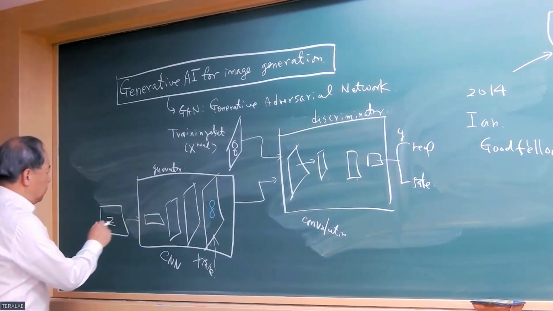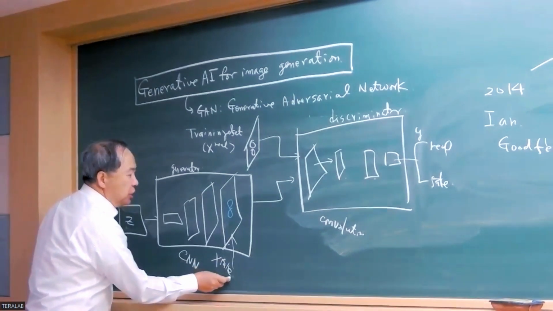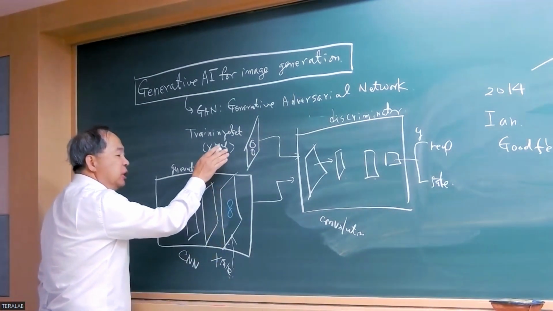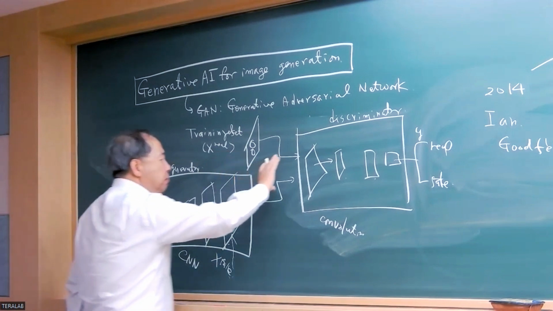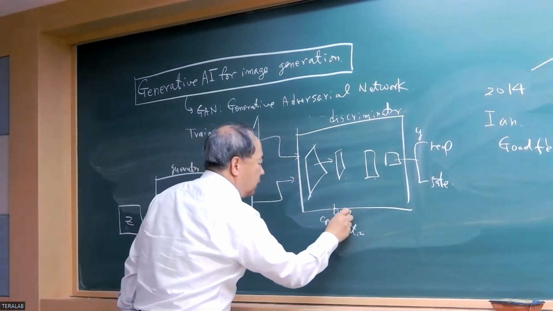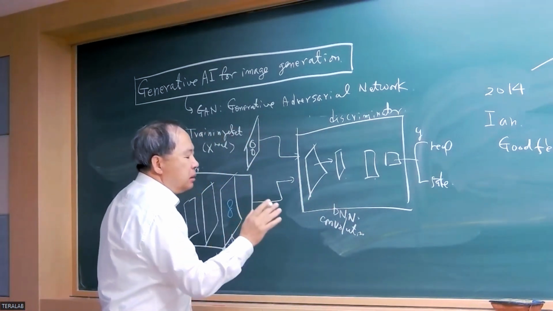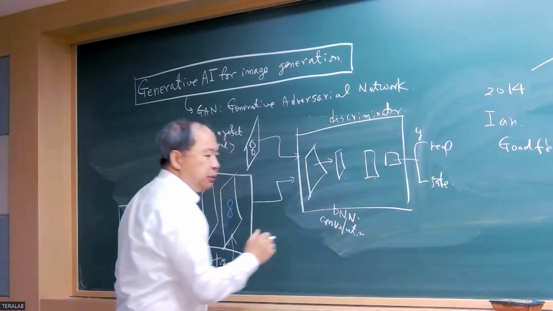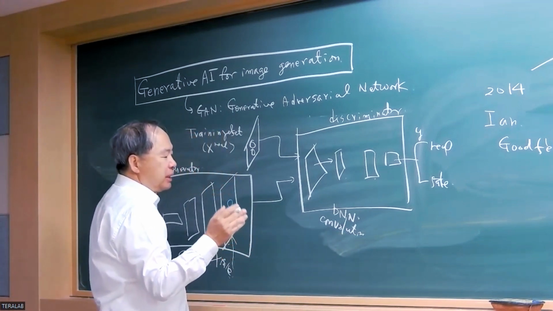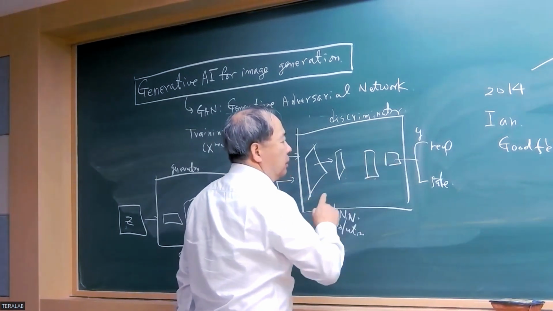So from latent vector G, we generate a fake image, and we also have real images. By comparing them, the deep neural network does that function, and the mathematical process is the convolution process. Later on, at the end of the class, I'm going to explain that. At the end, you're going to have a number.